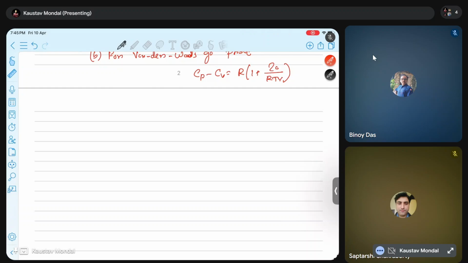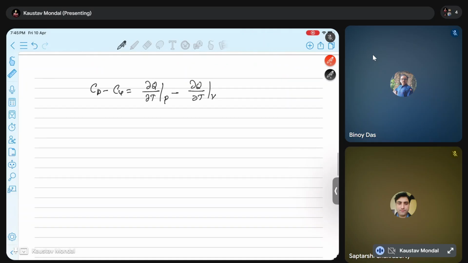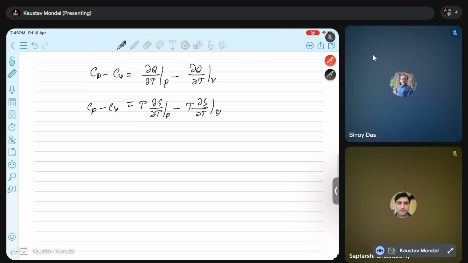Cp minus Cv is equal to (del Q del T) at constant P minus (del Q del T) at constant V. So dQ is nothing but T dS, giving T (del S del T) at constant P minus T (del S del T) at constant V. Now we use the identity from the differential form of the entropy.